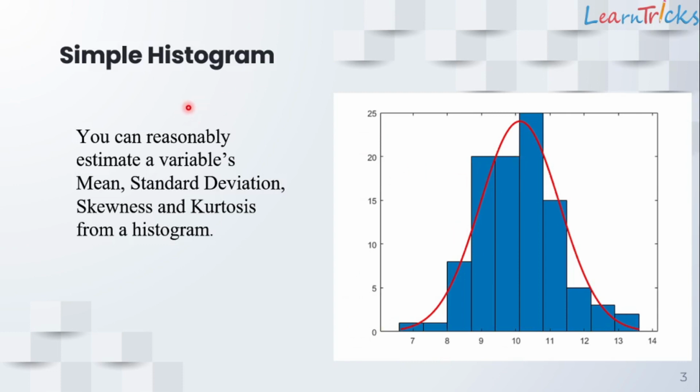And by simply using the histogram, we can reasonably estimate any variable's mean, standard deviation, skewness and kurtosis, right? We know what the mean is, as well as the standard deviation, skewness and kurtosis. So this is the form of a simple histogram.